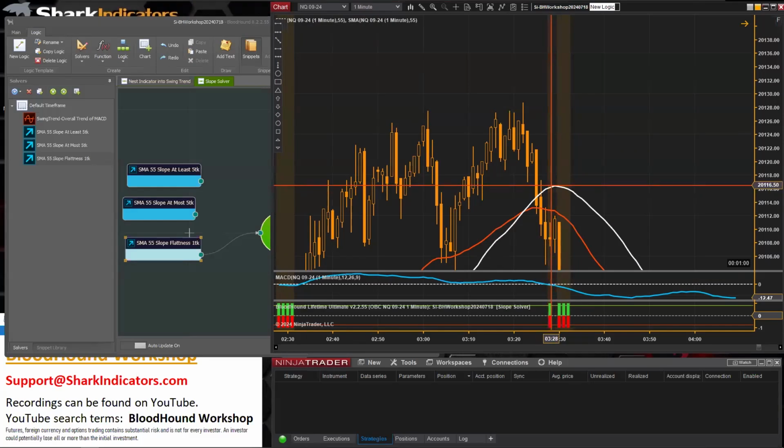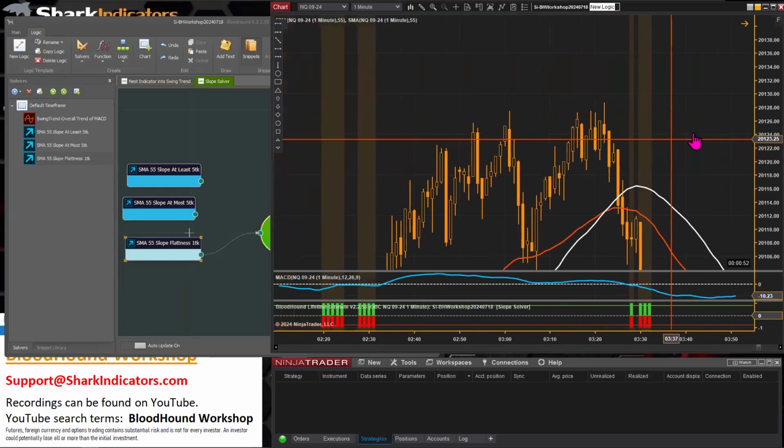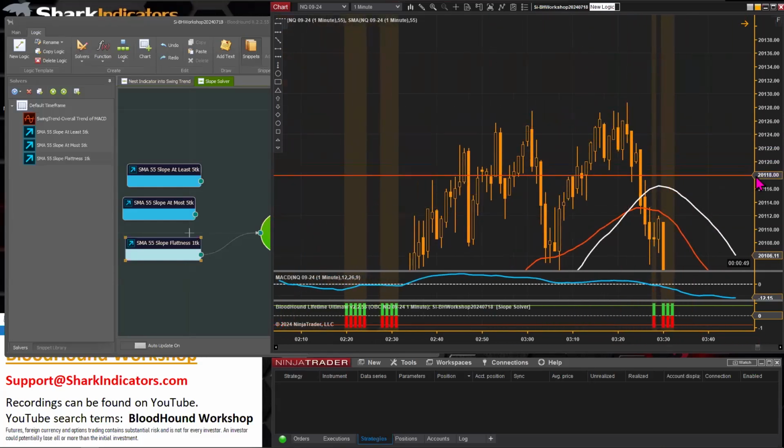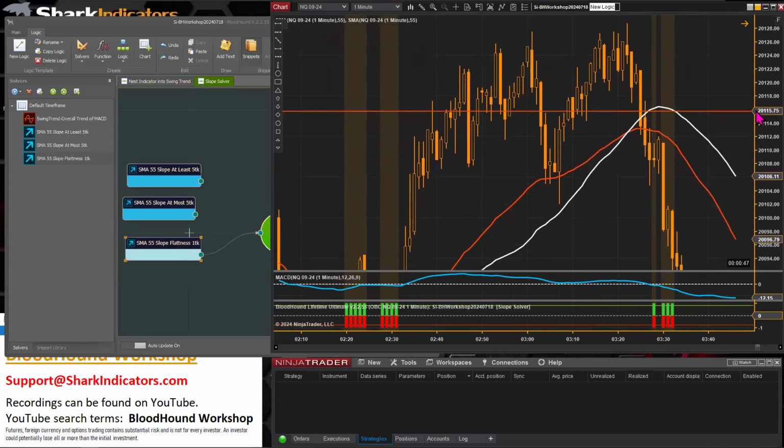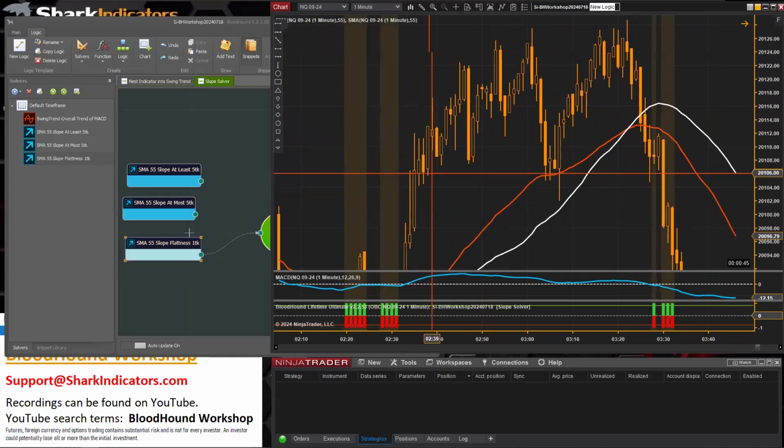It did shoot up on this up bar, but remember it's a 55 period as well. So one of these bars back here was getting factored in and kind of shot it up there.